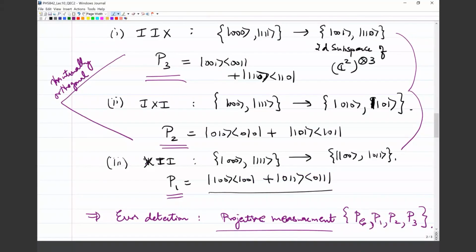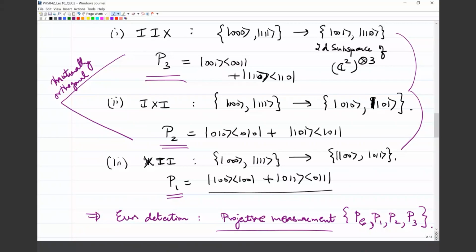So this is reminiscent of how you would build a standard projective measurement. How do you build a projective measurement? You're probably used to rank 1 projectors, right? Like ket 0 bra 0, ket plus bra plus, ket minus bra minus. So plus minus is one projective measurement that you know, 0, 1 is another. You can construct other such projective measurements. Probably you're used to viewing it in terms of rank 1 projectors constructed out of single pure states. Now I'm extending that idea to talk about a projective measurement with projectors which are slightly higher dimensional objects, rank 2 objects, and they are operators that project down not to a single state.